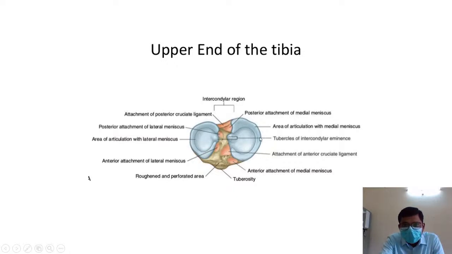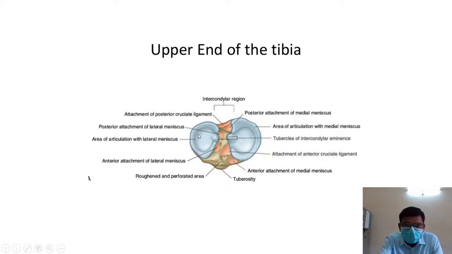And now if you further move towards the anterior end, you can see the anterior attachment of the medial meniscus here, and now you can see a rough perforated area here. Then behind this anterior medial meniscus, you can see the attachment of the anterior cruciate ligament. And just behind that, you also see the attachment for the lateral meniscus, the anterior attachment of the lateral meniscus.